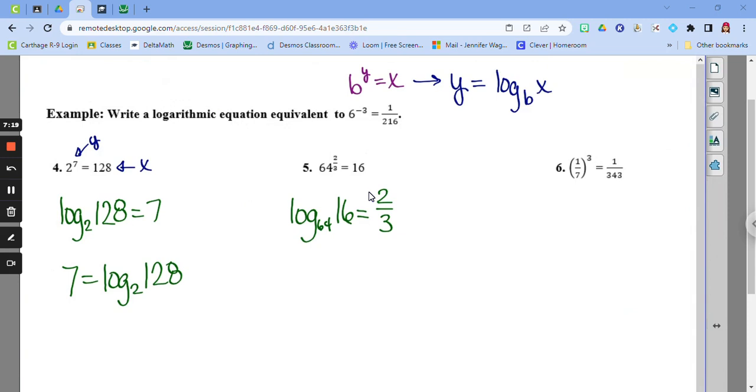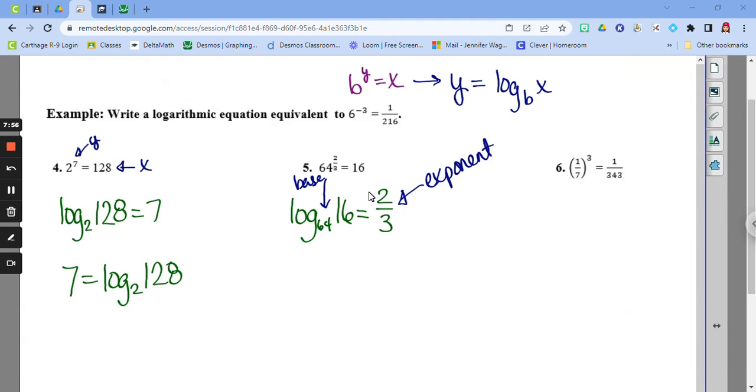Okay, so some things to check on your logarithm. That it equals the exponent. And that this is still your base. The base from the exponential equation should still be the base in your logarithm. Okay? Number 6.